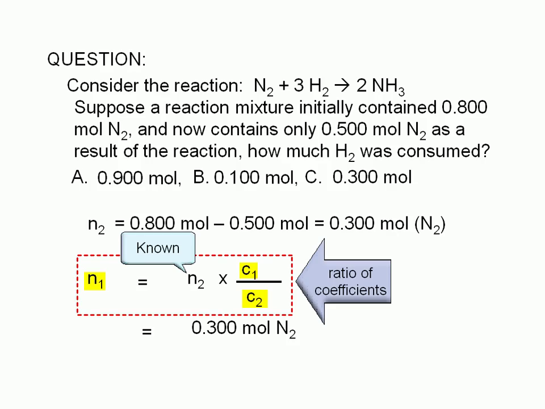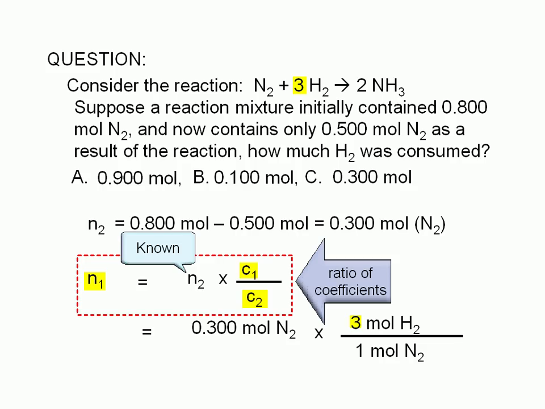This is our N2. We multiply it by a conversion factor so that we can determine the amount of hydrogen consumed. Since we're interested in hydrogen, we put the coefficient of hydrogen in the numerator. The coefficient of hydrogen in the balanced equation is 3, and we put the coefficient of nitrogen in the denominator.